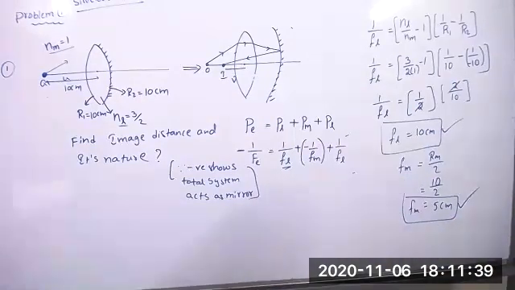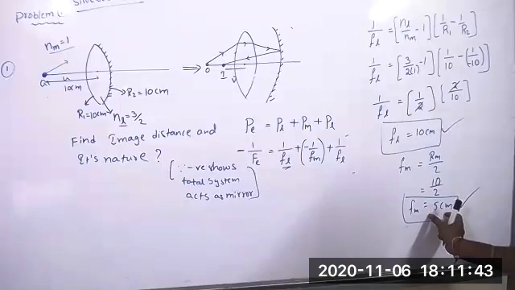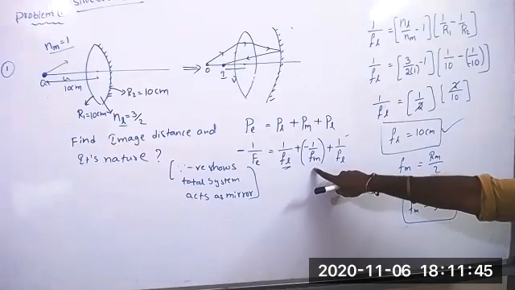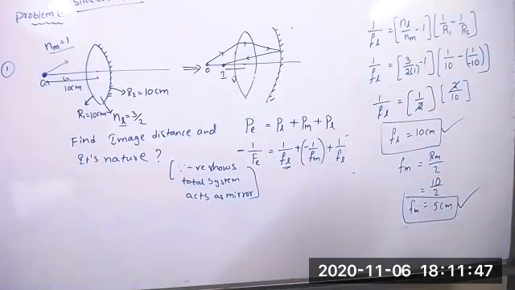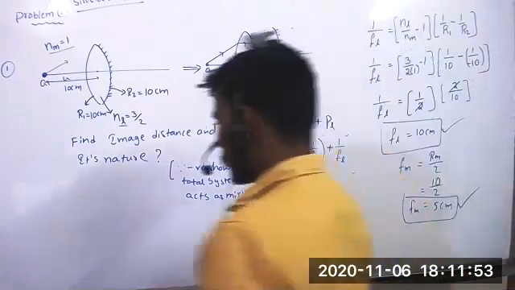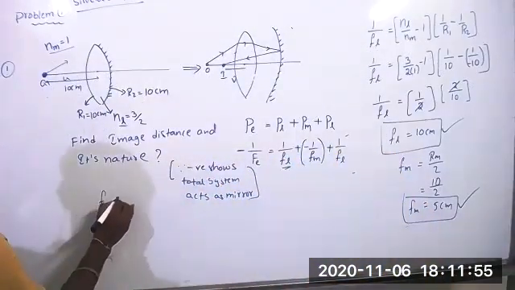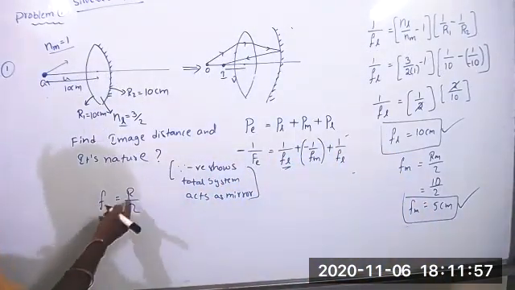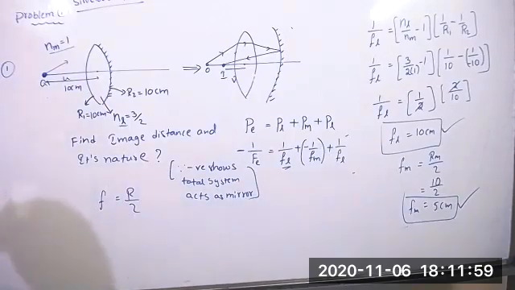Sir, but won't it be minus 10? FM we calculated, so the minus sign is already being substituted here, no? No, the radius of curvature of the mirror. See, focal length is equal to radius of curvature by 2. There is no negative needed.